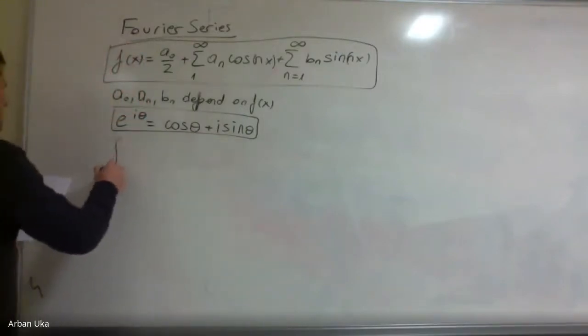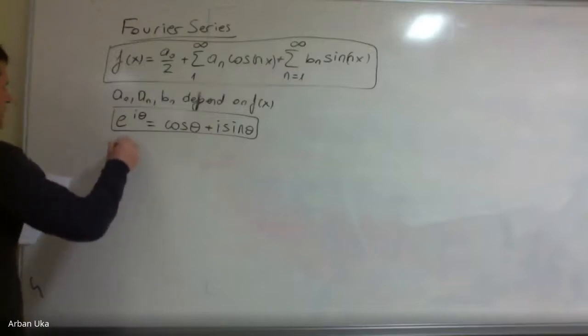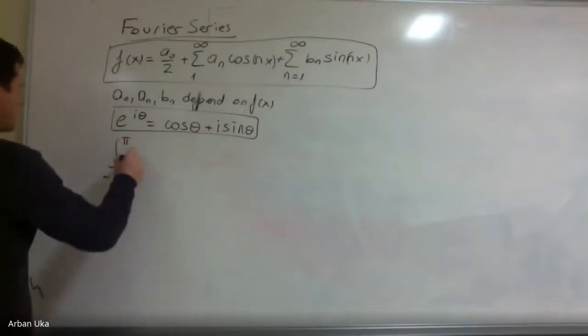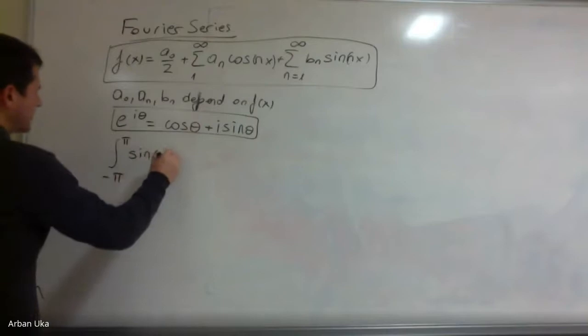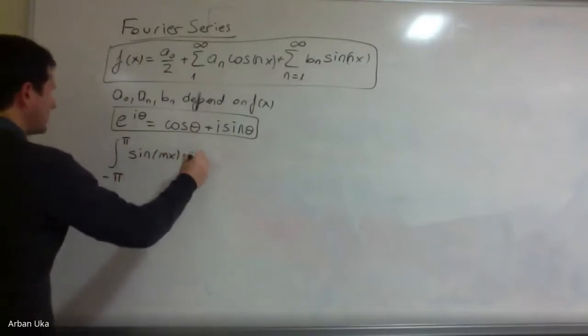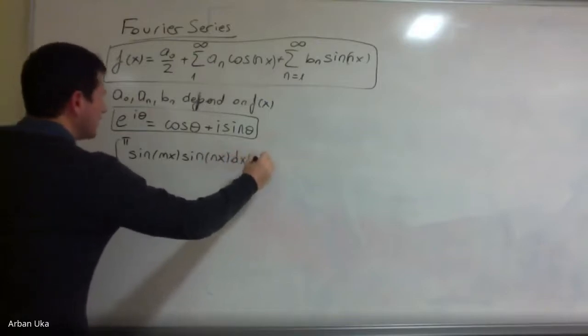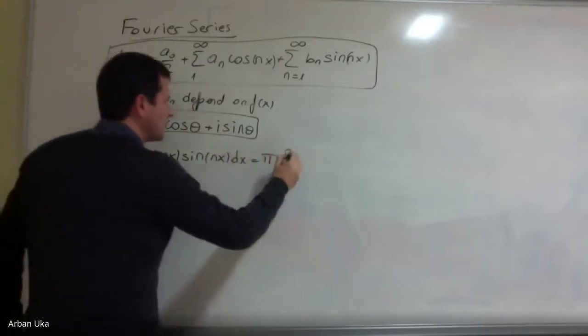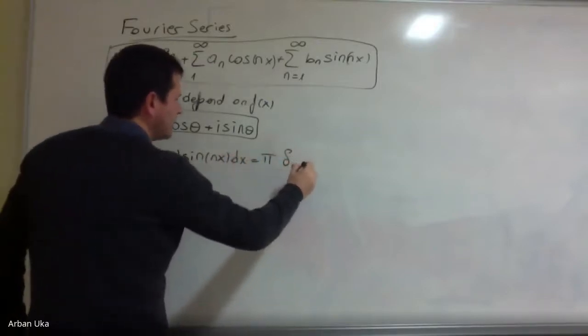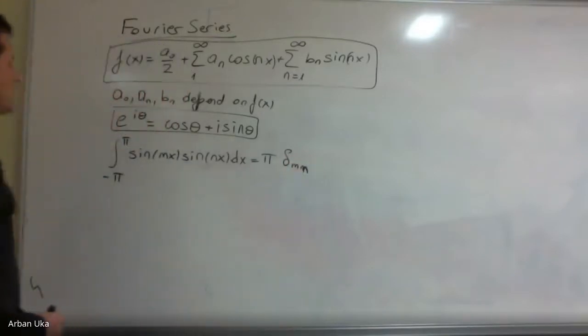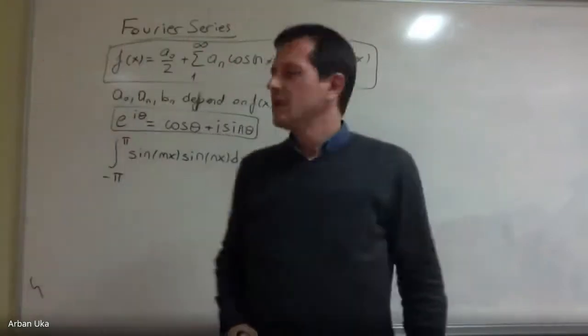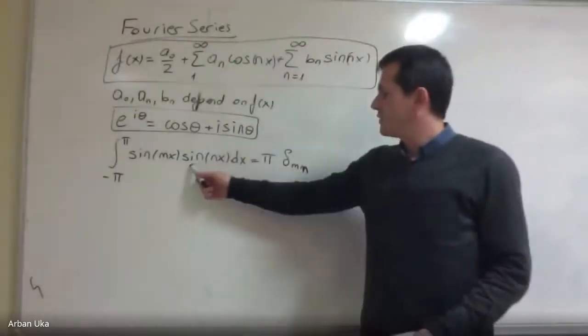Over a specific period, from minus pi to plus pi, the integral of sine mx times sine nx dx is equal to pi times the Kronecker delta mn. This is the integral of a sine with a specific frequency times another sine with a different frequency.